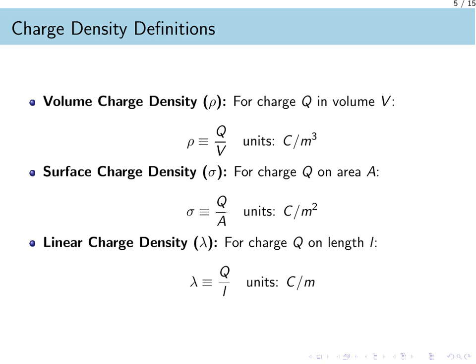For a charge spread over a two-dimensional surface area, we use the surface charge density, sigma, defined as charge divided by area, with units of coulombs per square meter. Finally, for a charge distributed along a one-dimensional line, we use the linear charge density, lambda, which is charge divided by length, measured in coulombs per meter.